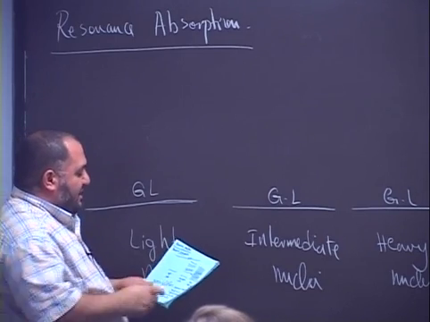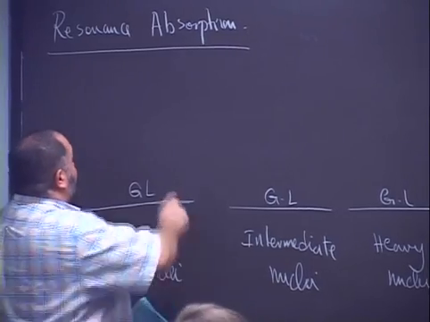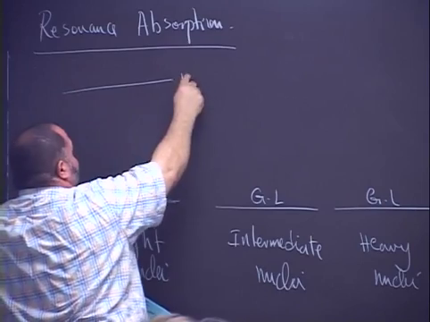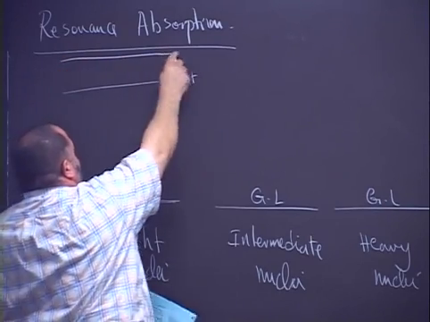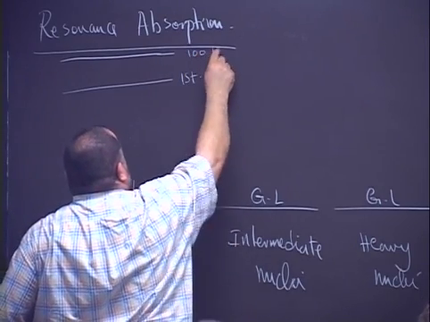If we look at the light nuclei, the ground state will be here, for example. Then we will have the first level, and so on, until, let's say, this one at 100 kilo electron volt or so.